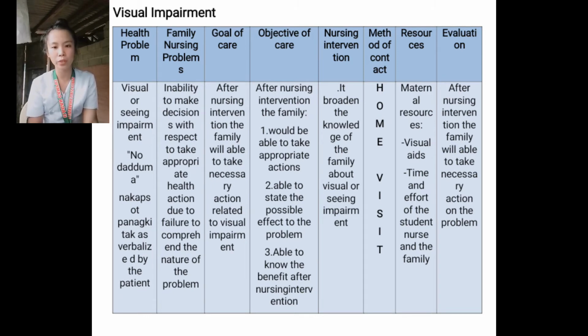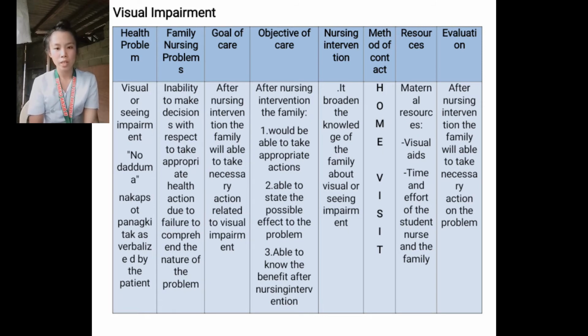Goal of care: after nursing intervention, the family will be able to take necessary action related to visual impairment. Objective of care: after nursing intervention, the family will first be able to take appropriate action. Second, be able to state the possible effect of the problem, and lastly, be able to know the benefit after nursing intervention.